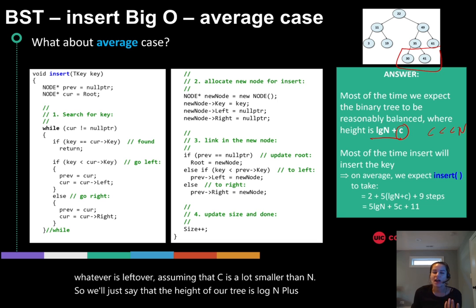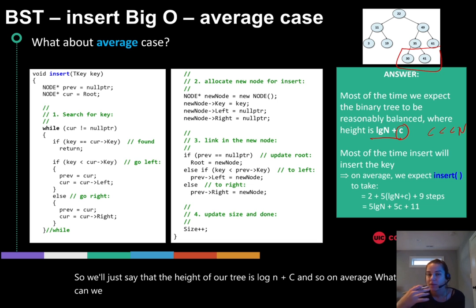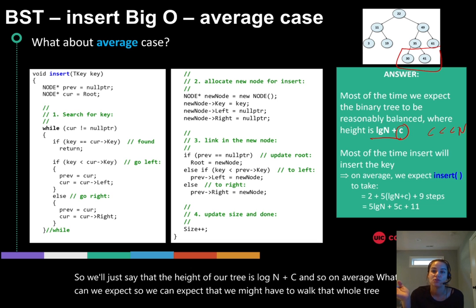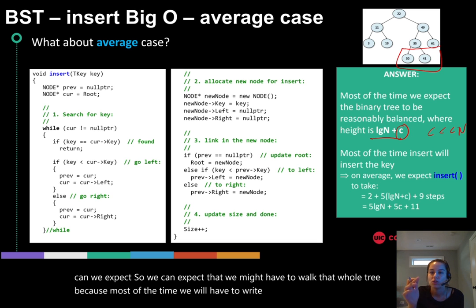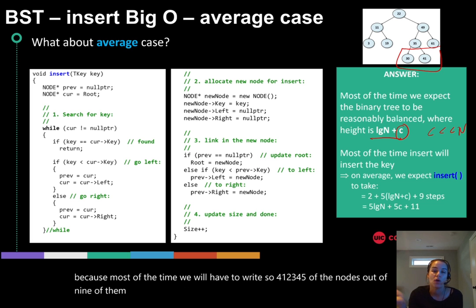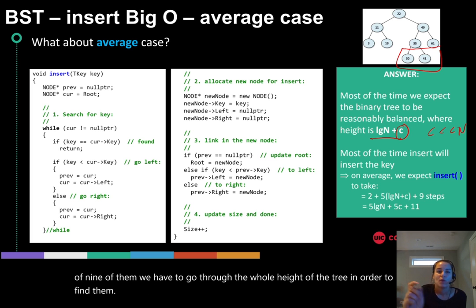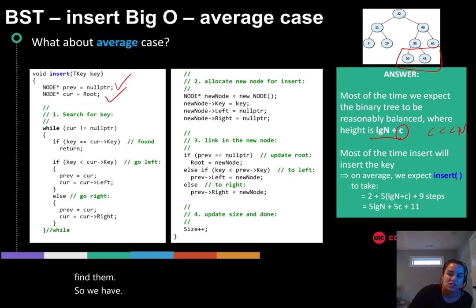And so on average, what can we expect? We can expect that we might have to walk that whole tree, because most of the time we will have to. So for 5 of the nodes out of 9 of them, we have to go through the whole height of the tree in order to find them. So we have 2 operations that happen at the top no matter what.